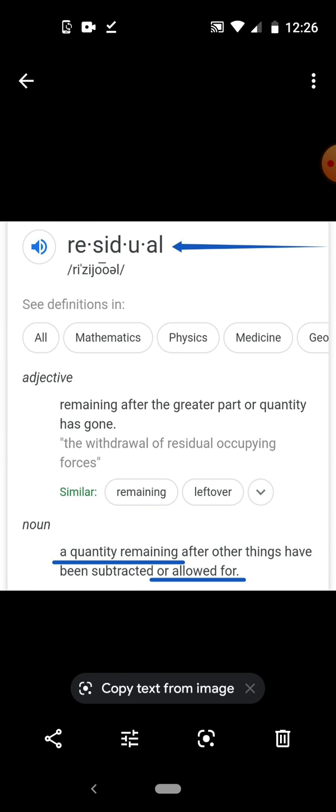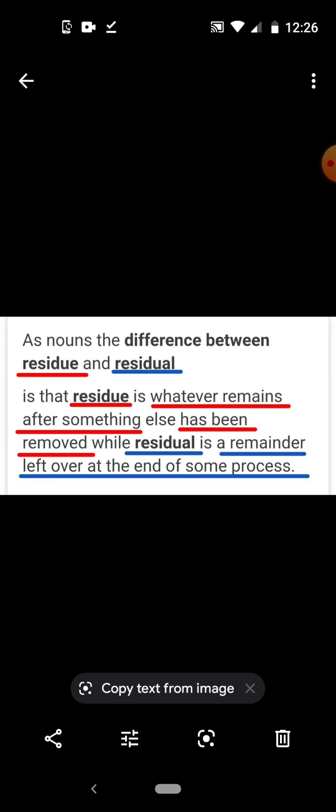Looking at the word residual as a noun, a quantity remaining after other things have been subtracted or allowed for. Remaining after something has been allowed for. Break it down further.